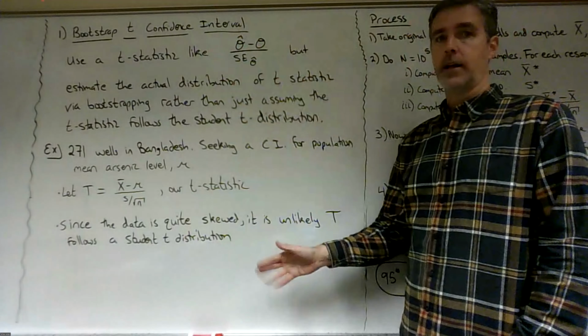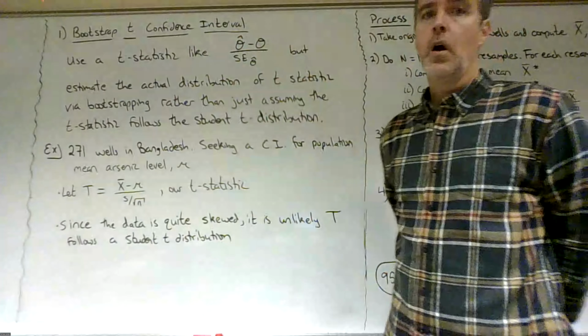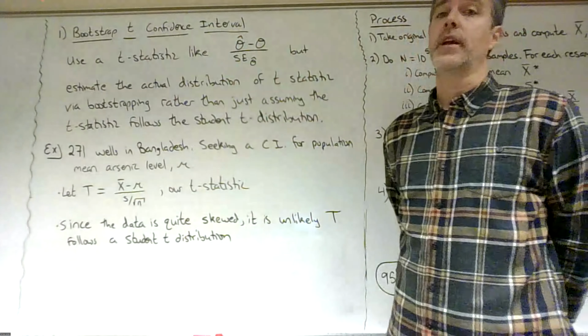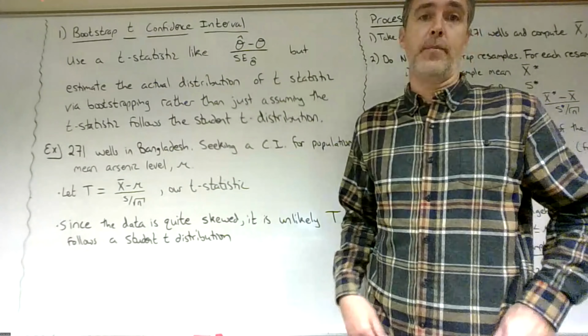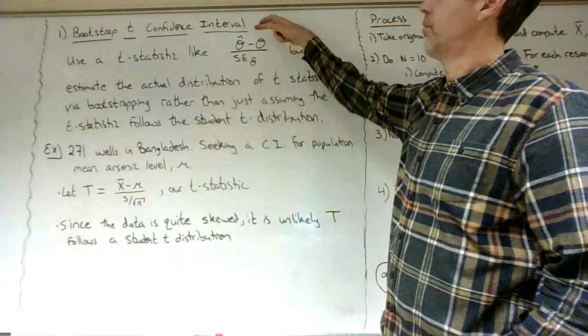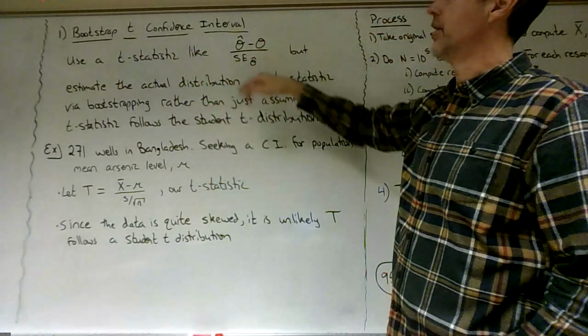So pause, copy. Okay, so here we're really going to use the full power of bootstrapping. We're going to use a T statistic like theta hat minus theta over standard error.